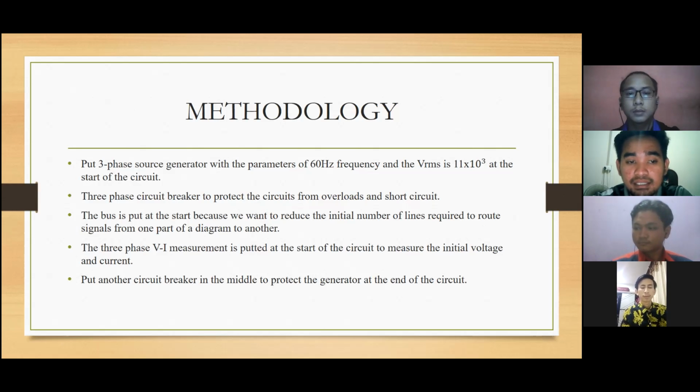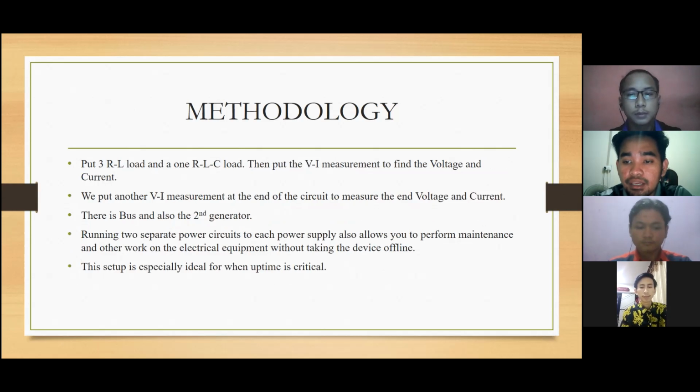Okay. After that, put three RL loads and a parallel RLC load. Then put the VI measurement to find the voltage and current. The scope is used to show the voltage and current. There is also a bus at the middle of the circuit. Then we put another VI measurement at the end of the circuit to measure the end voltage and current.